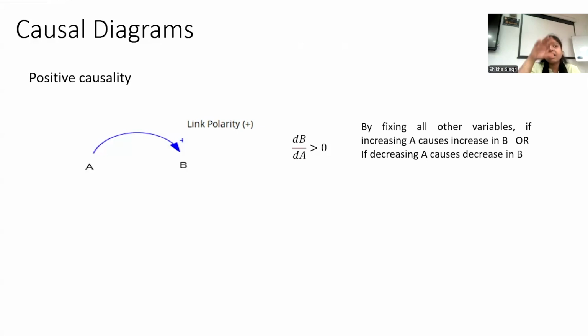We say that if I keep all the variables constant, and I just try to check the effect of just one parameter on this particular B. So in this case, let us say B is depending on A, C, X, Y, Z, four more parameters. So what will I do?